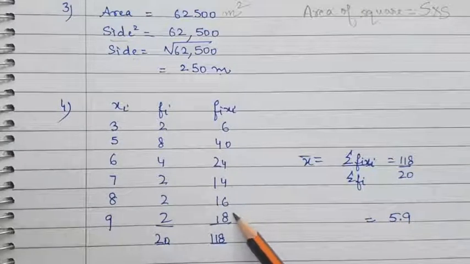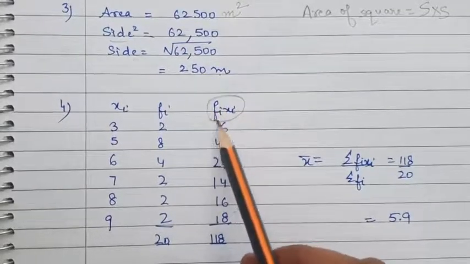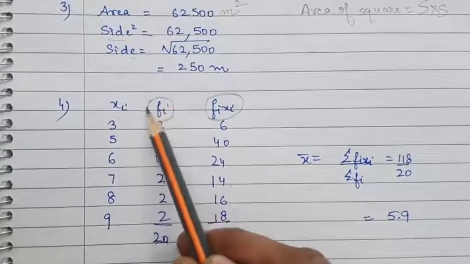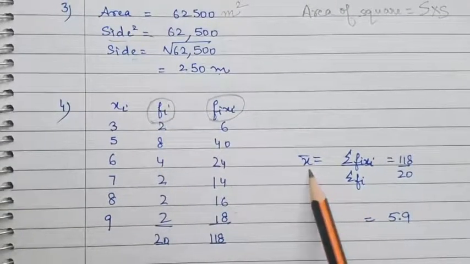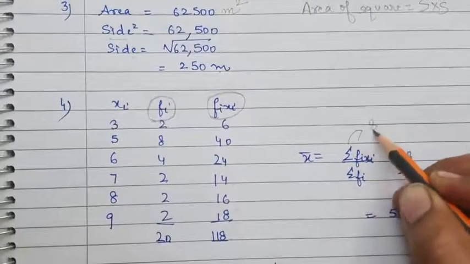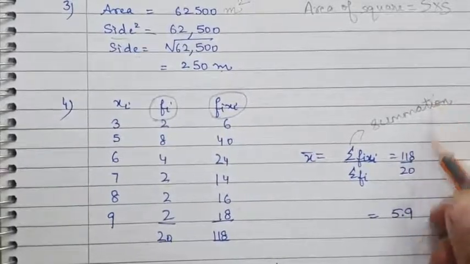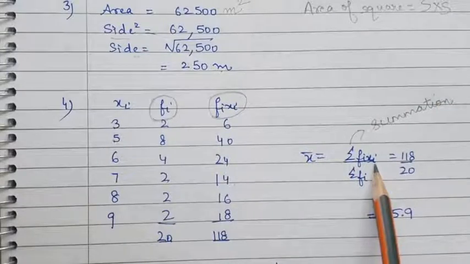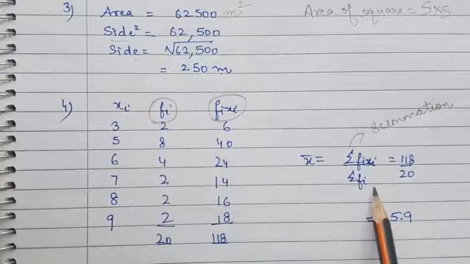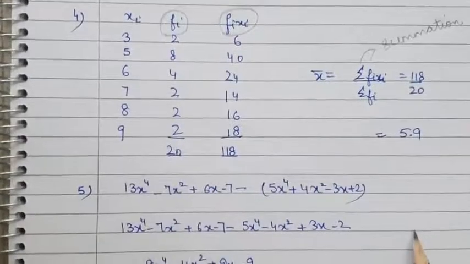Now we will find the sum of fi xi and the sum of fi, because the formula for mean is summation fi xi upon summation fi. This is the symbol of summation. By putting the values we get 5.9. Clear, children?